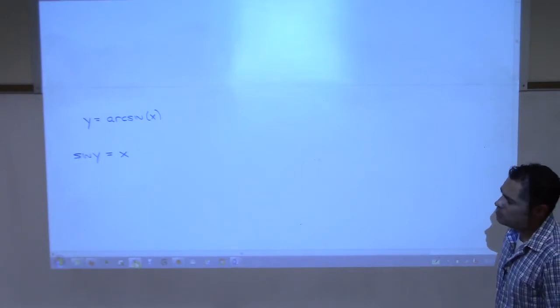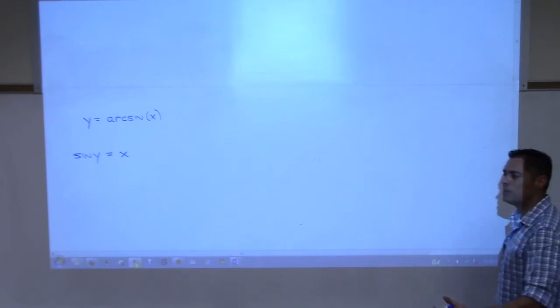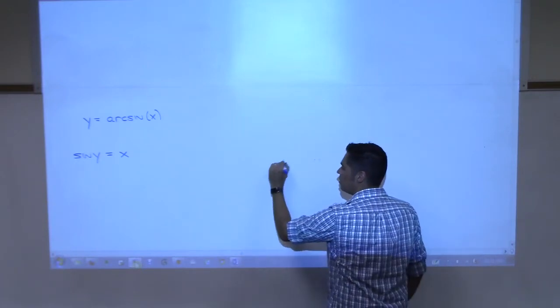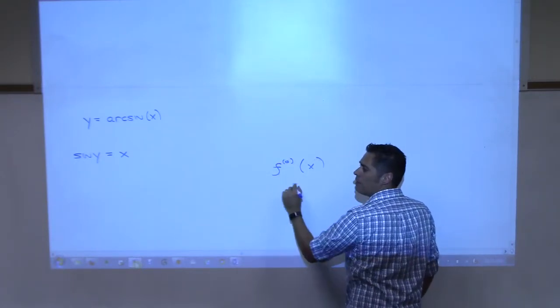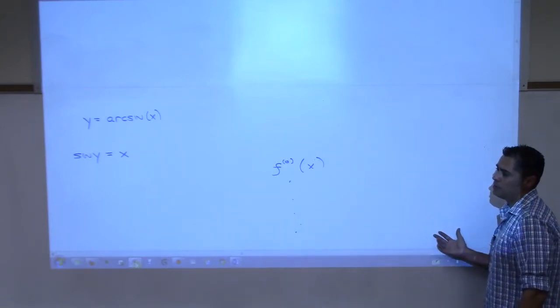So we could start running the Maclaurin series derivatives. The 0th derivative, then the first, second, third, will generate our power series.